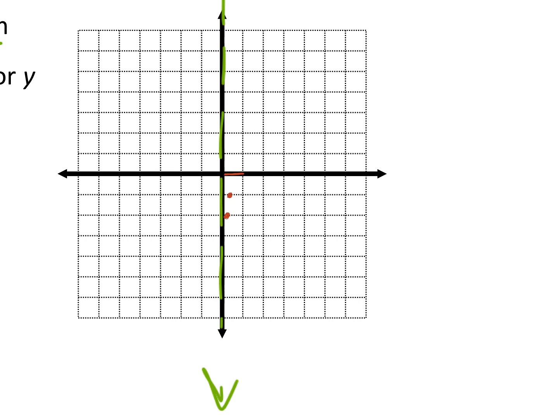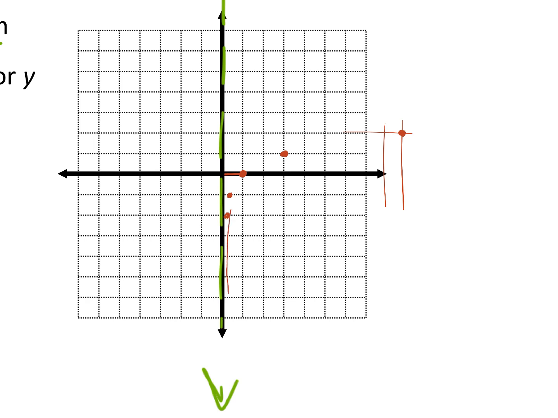And then we've got 1, 0 right here. And then 3, 1: 1, 2, 3, 1. And then 9, 2: 1, 2, 3, 4, 5, 6, 7, 8, 9, 2 is right there.